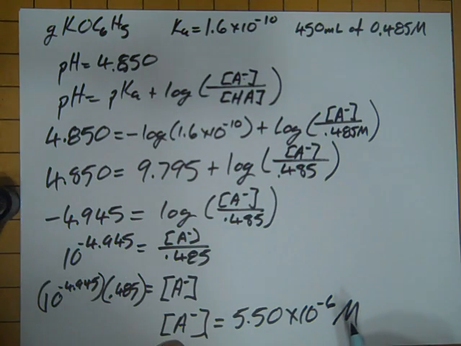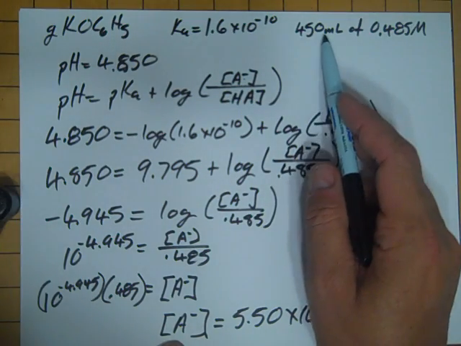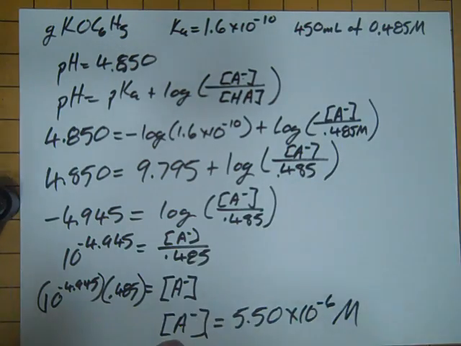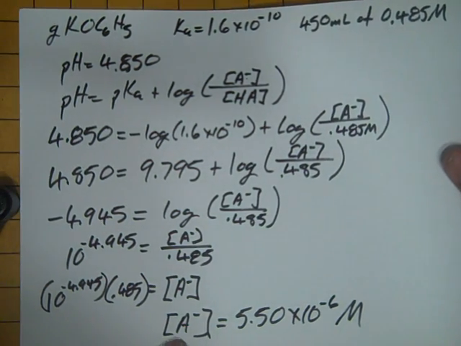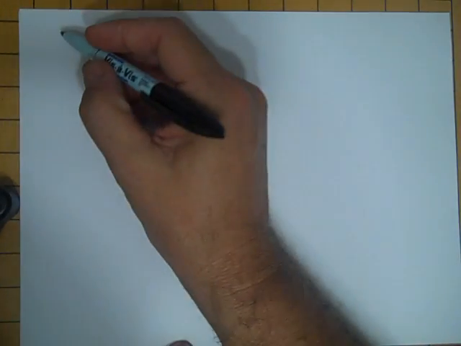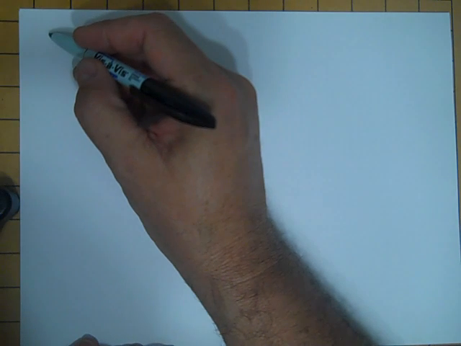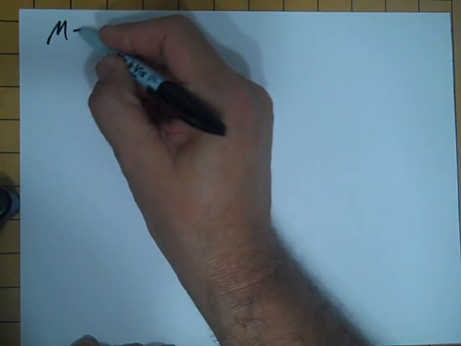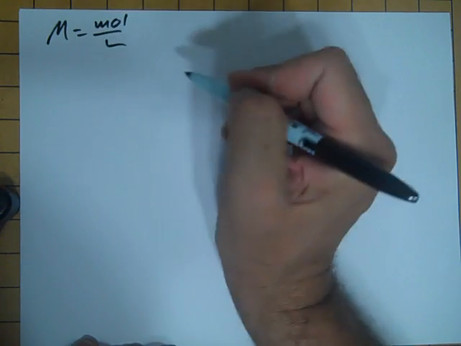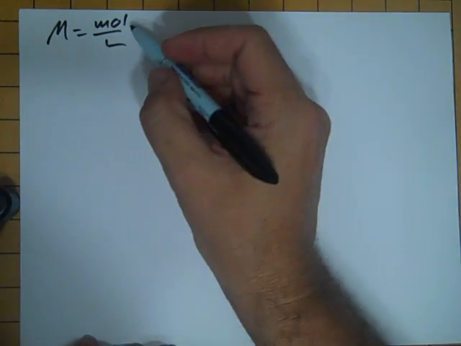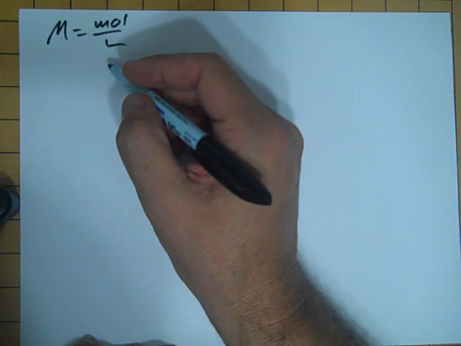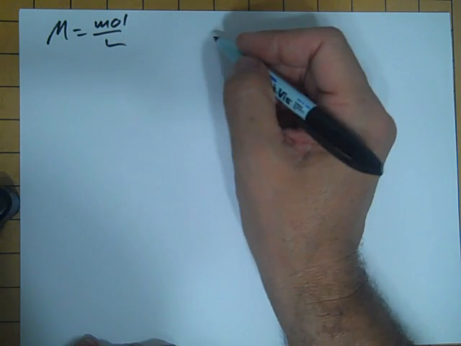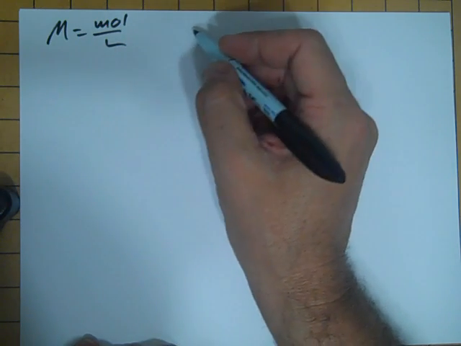Now that beaker is only holding 450 milliliters, so I have to use one of the relationships that is not provided by the AP exam. That relationship is the fact that since molarity equals moles per liter, if I know the molarity, the moles per liter, I can multiply that times liters and I will end up with moles.